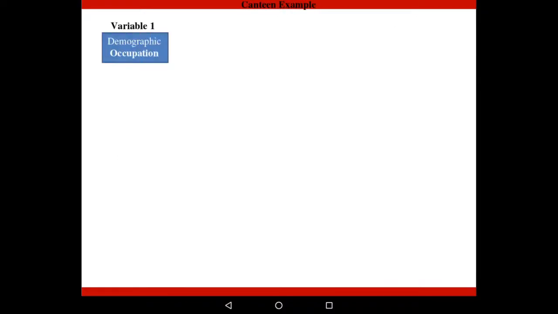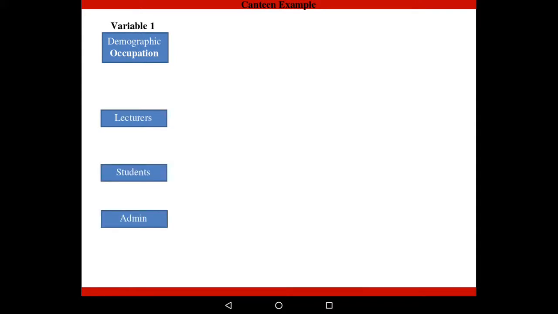Variable 1, we're going to use occupation, and we can divide the market into students, lecturers, and admin staff. Oh, and cleaners, okay? So now we've got 4 segments. So we've taken our occupation knife and we've cut our cake into 4. Then the second variable, we're going to use income.